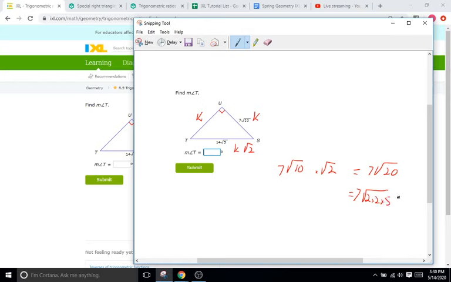And then because we have two 2's there, we can take a 2 out. So we have 7 times 2 is 14. And then all we have left is a square root of 5. Does that match up with our hypotenuse? Yes, it does. Meaning this is indeed a 45, 45, 90 triangle. So angle T is going to be 45 degrees.